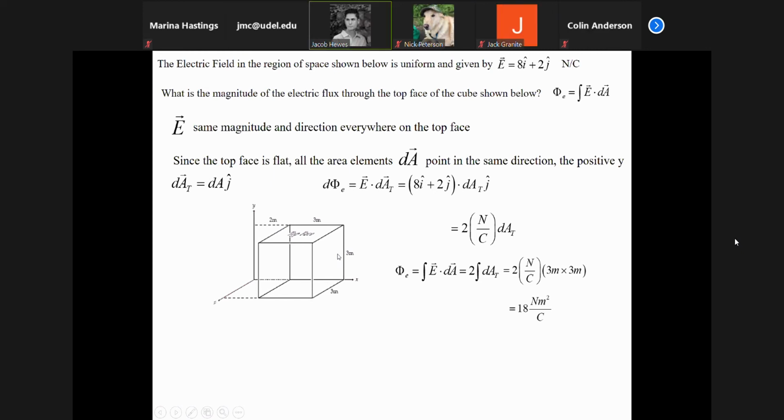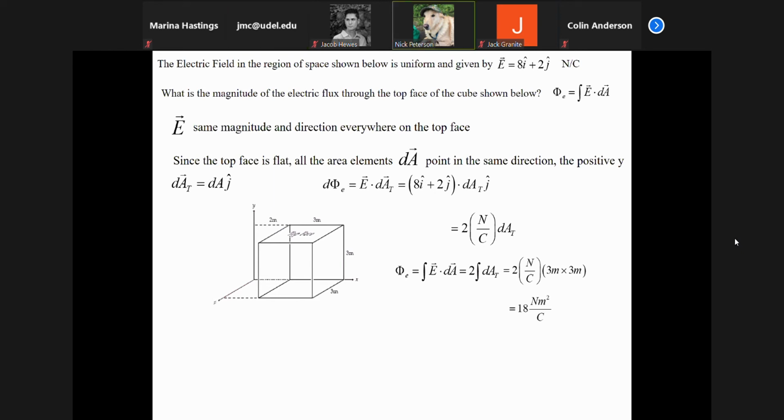The value of our answer wouldn't change. Actually, wouldn't the value change, because this time the component of the electric field that is parallel to dA is going to be the 8 instead of the 2? Now it's going to be 8 times 9, 72. That's exactly right, good catch. Your area is the same, being a cube, so the area is 9 meters squared. But instead of multiplying it by 2, we're multiplying it by 8, so we get a different result, 72.